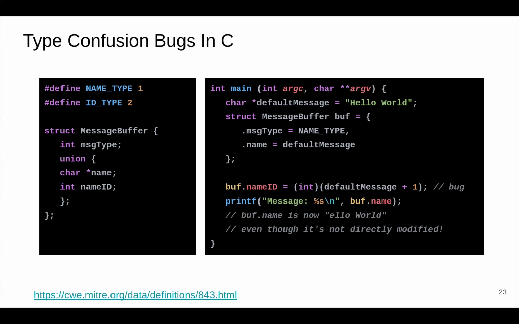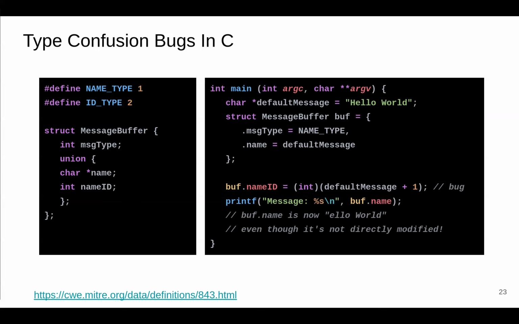We've got the two boxes, and we've got the type, and the name, and this points to default message, which is hello world, right? Okay, so if you initialize this as the name type, the name points to default message.